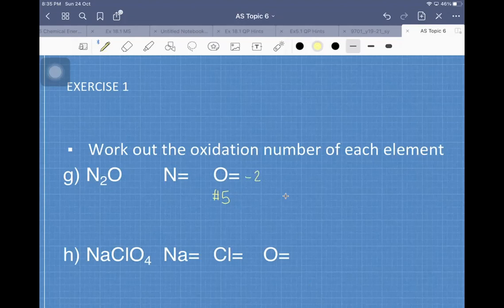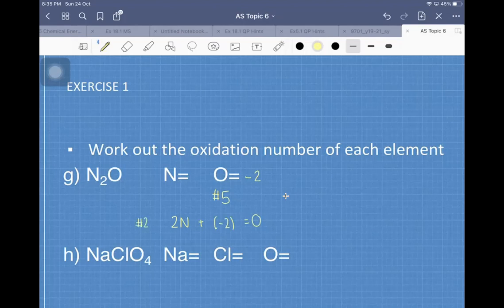Okay, so to work out for nitrogen, you just write this down: 2N, that means 2 atoms of nitrogen, plus oxygen, which is -2, and there's only 1 atom of oxygen in that formula, should equal 0. So this brings you to rule number 2.